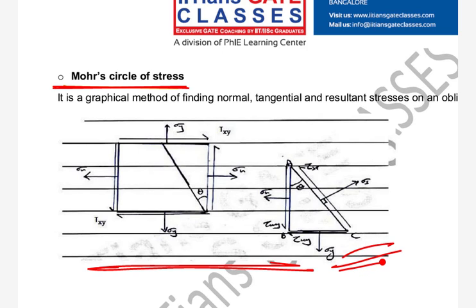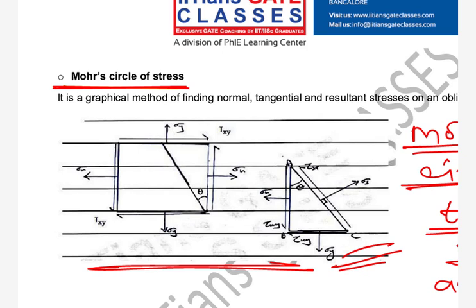Now, when we draw Mohr circle, first we have some sign convention. What does the sign convention say? All my tensile normal stresses are drawn on the positive x-axis.